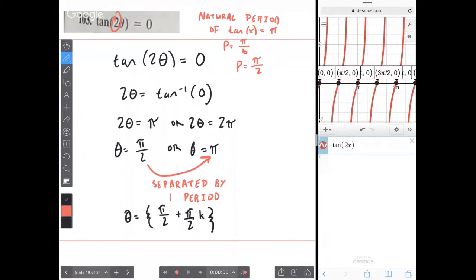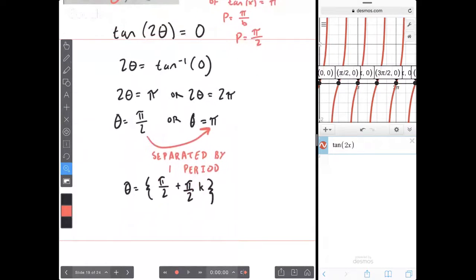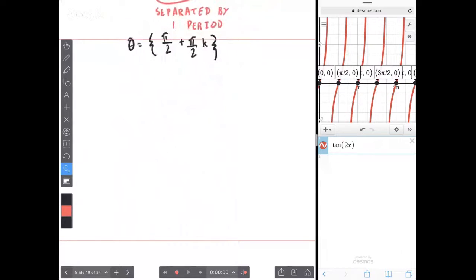Should we do all the properties for a tangent function? Yep. Sounds good. Thank you, Sophia. Okay, let's see.